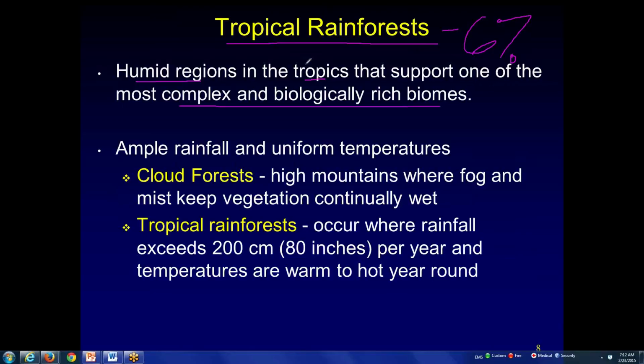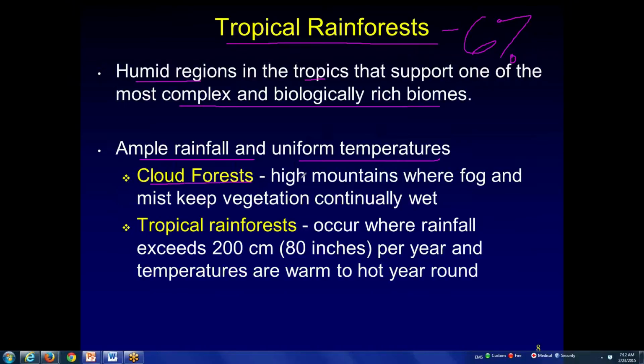And tropical rainforests never had those influences. So we've had ample rainfall and uniform temperatures for very long periods of time, and we don't see that the environment would have been suppressed for any long period of time because of some historical cold, and we don't see the cold temperatures really infiltrating this area at all during the entire year.